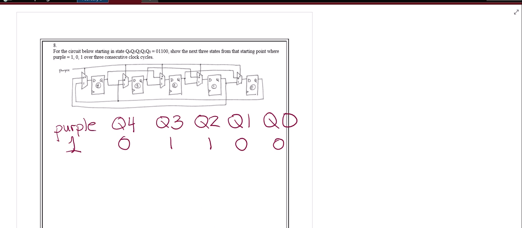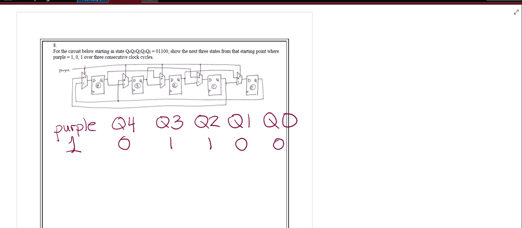So you always look back. When we're looking at what Q4 will be, I want to see what the output of Q4 will be next. So I'm going to look at its input. Now, purple is 1.